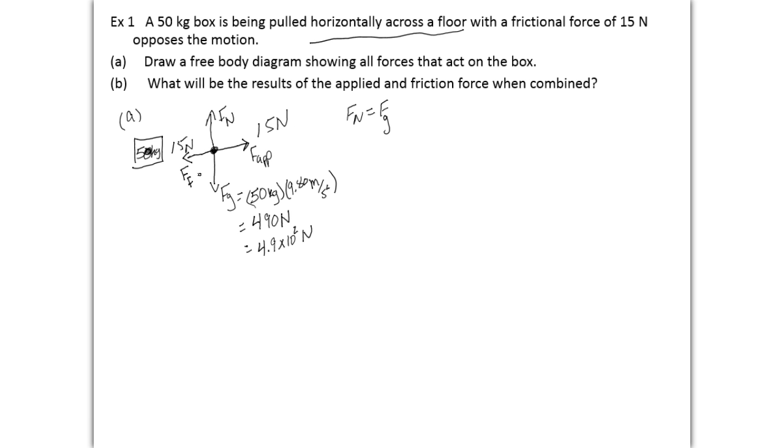So the box is being moved across the floor at a constant speed. So the force that's applied is just enough to oppose friction. If the object's not speeding up, then the force applied is equal to the force of friction.